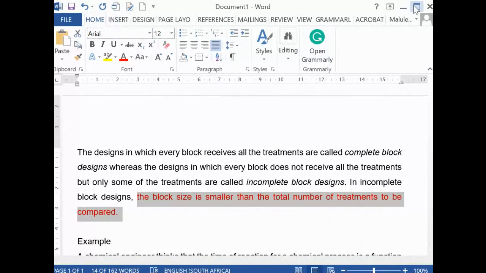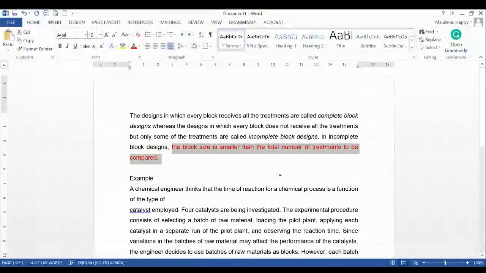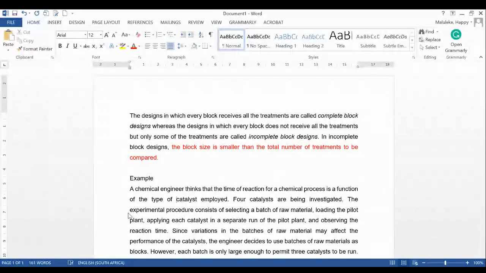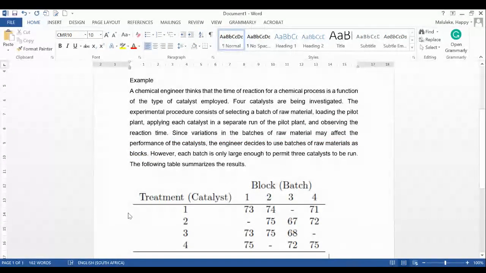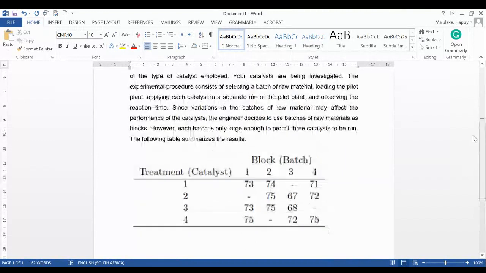So last week, if I recall very well, we managed to do just the theoretical part of it. But now we're at a stage where we know how to find lambda, how to find t, how to find b, and so forth. So I prepared an example for you here that I want us to do together.